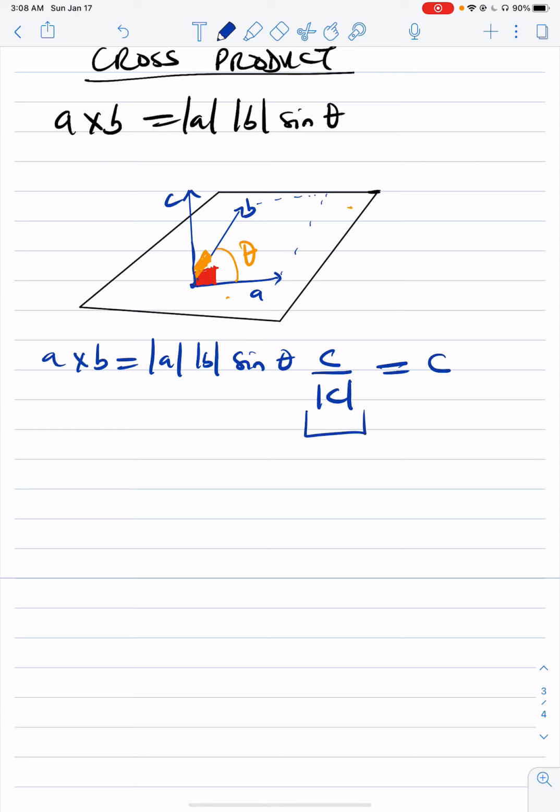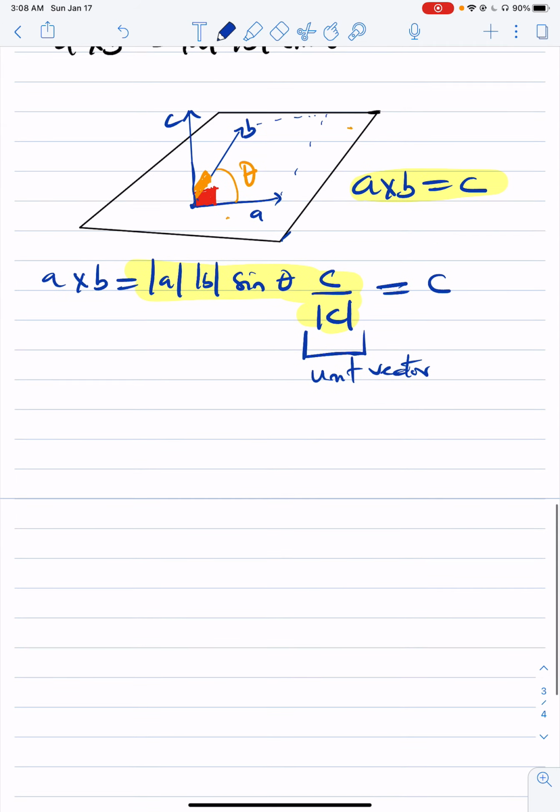This is called the unit vector. This unit vector is normal to this plane containing A and B in the direction defined by the right hand rule, right? So what we've just written is A cross B is equal to C. And this expression is what this is, basically.